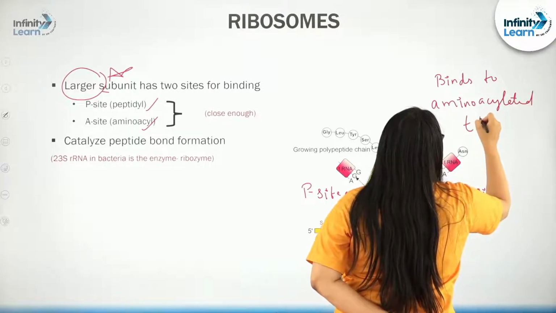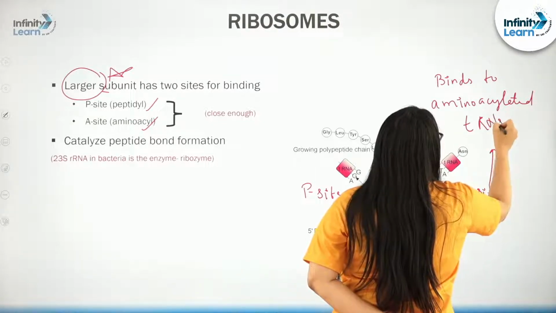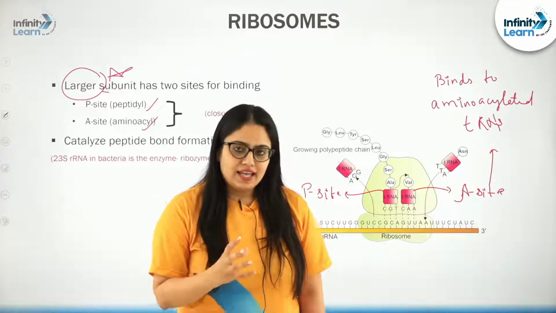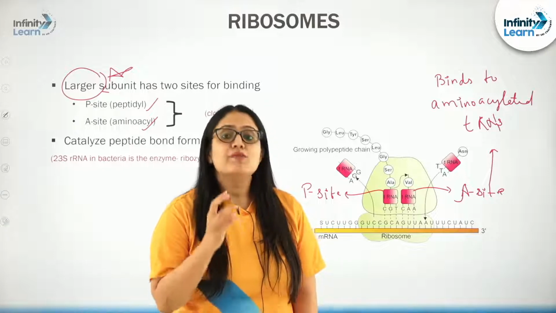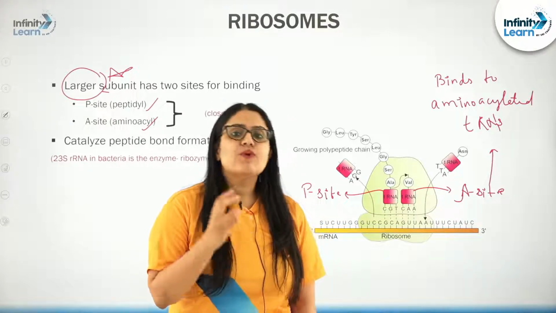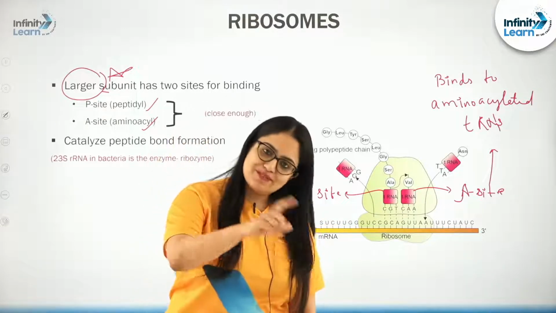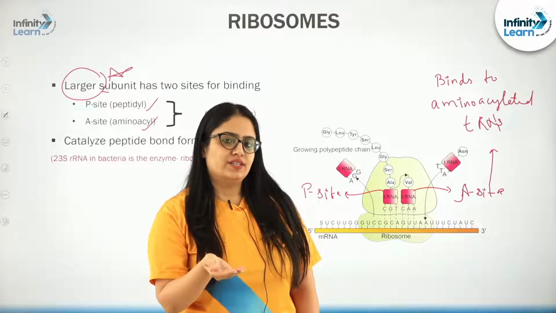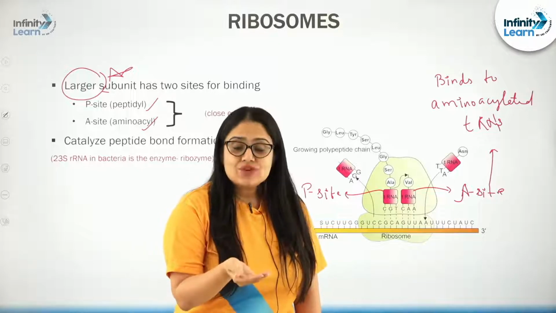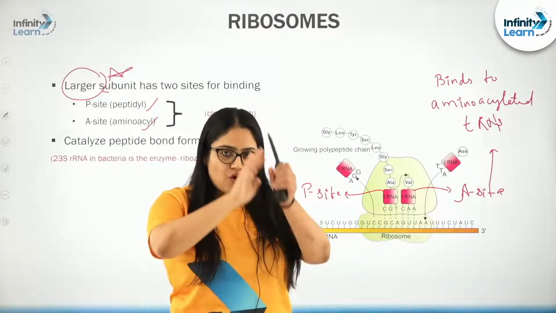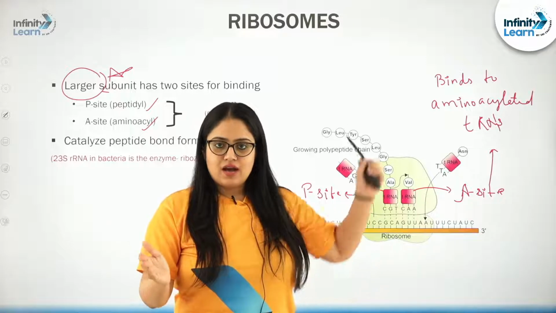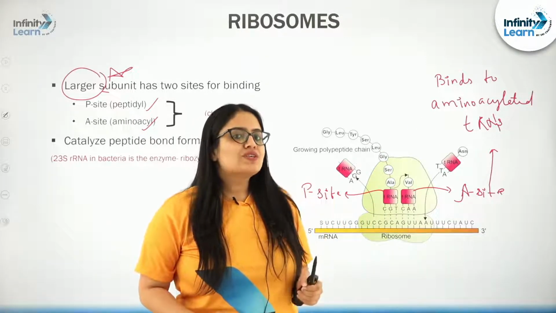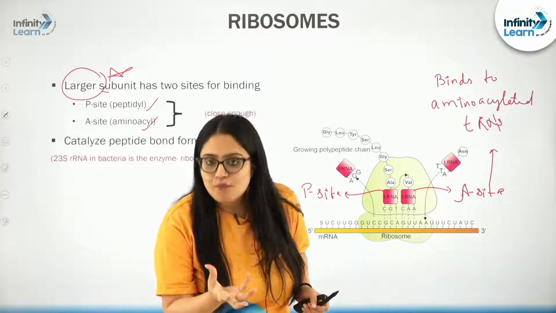So, see my students, what is an aminoacylated tRNA? A tRNA that is covalently bonded to an activated amino acid. I repeat myself, a tRNA that is covalently bonded to an activated amino acid forms aminoacylated tRNA.